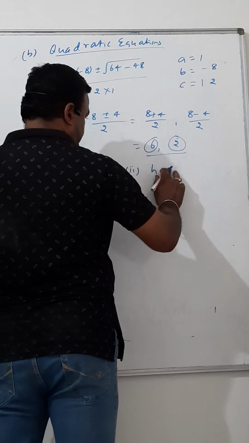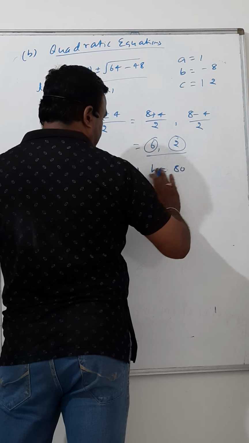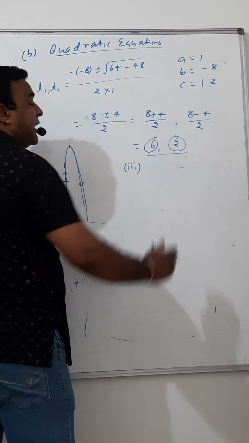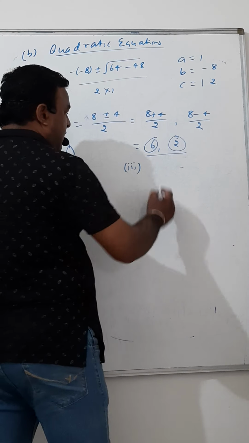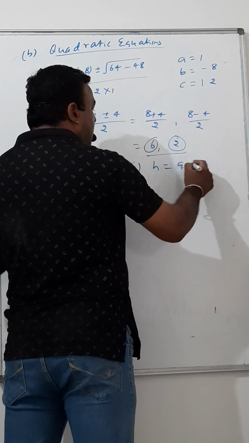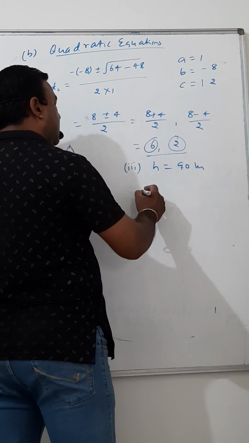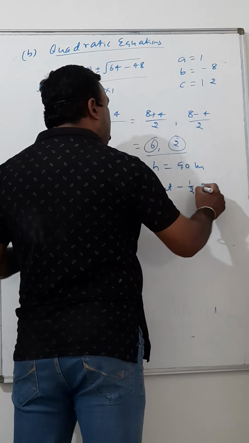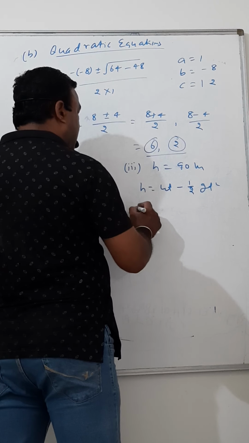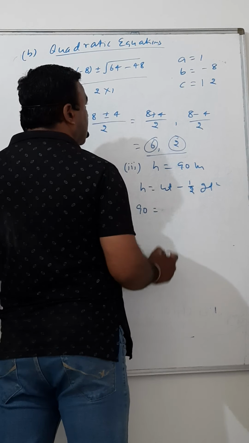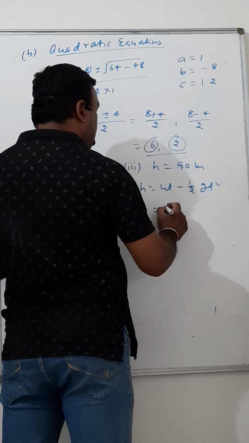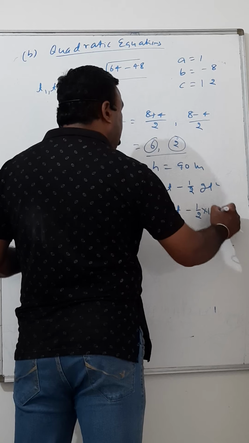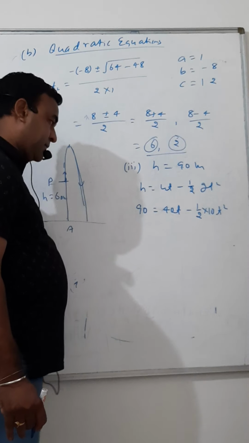H is equal to 80 meters. First I will solve the third part. I'll explain why, for the third part, H is equal to 90 meters. H is equal to ut minus half g t squared. H is 90, u is 40, so 40t minus 1 by 2 times 10 times t squared.